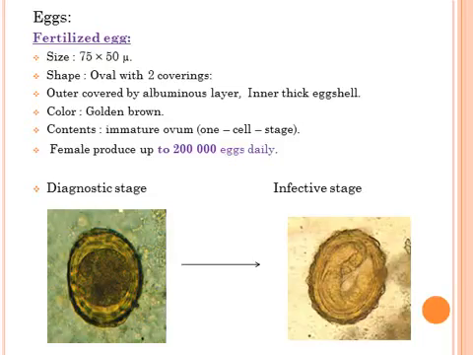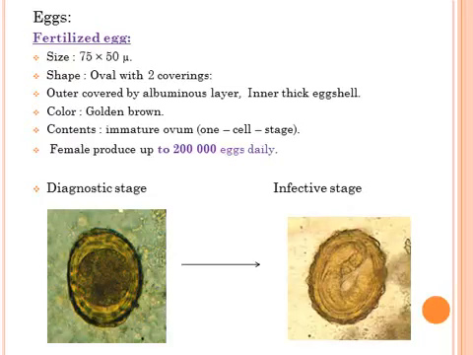The color is golden brown and it contains only 1 cell, which is the zygote. The female daily produces up to 200,000 eggs. These eggs are passed daily with the feces and spread in the environment.